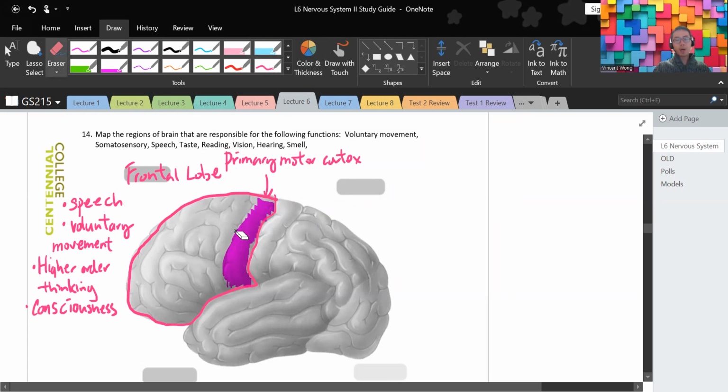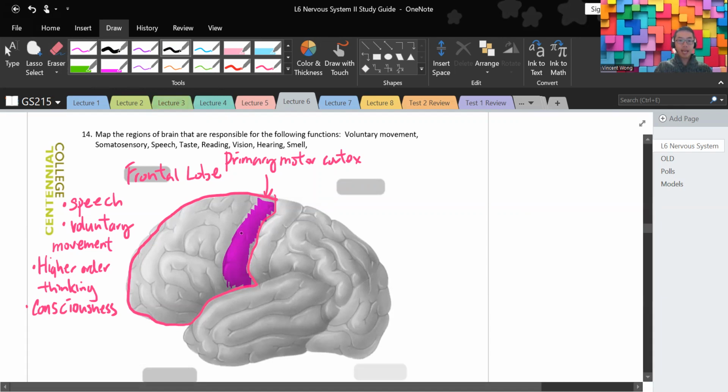And each part here corresponds to a particular body section. So like here might be hand, and here would be the face, and here would be the trunk of the body. And each section will be controlling the movement of that part of the body on the other side.